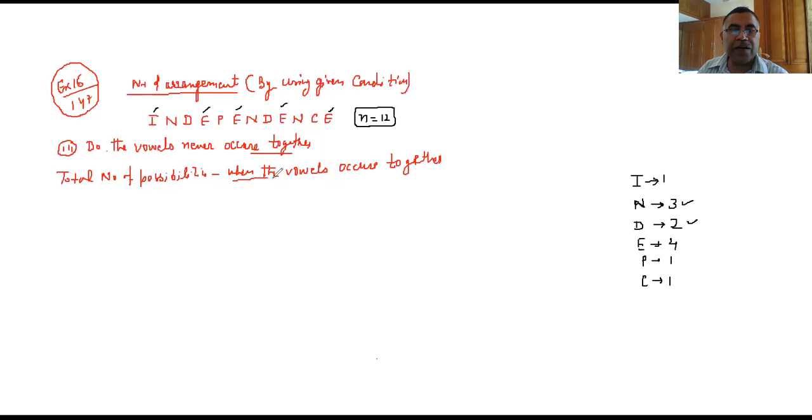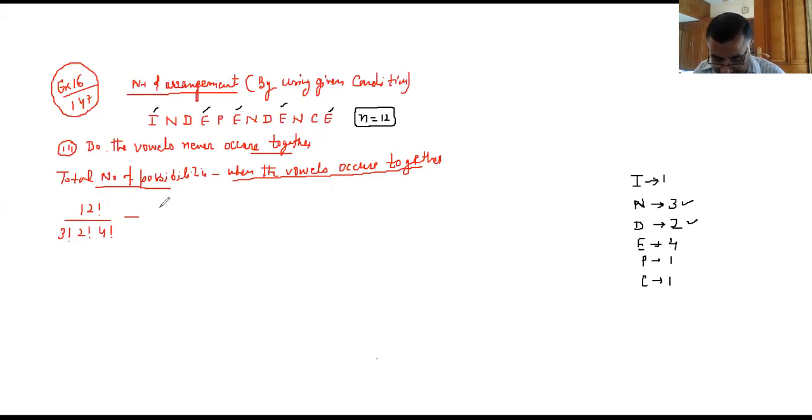This we have calculated in the second part. Total number of possibilities: here n is 12, so 12 factorial divided by how many times the letters are repeating. N is repeating 3 times, D is repeating 2 times, and E is repeating 4 times, minus when the vowels are occurring together.